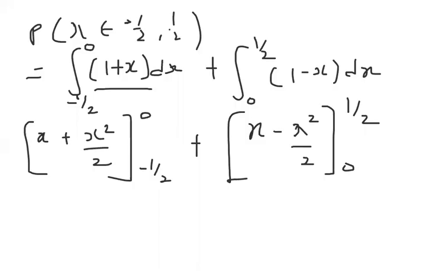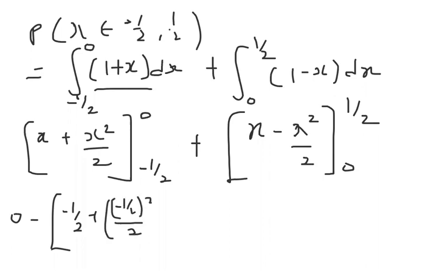So the first expression gives me 0 minus, because when I fix 0 everything is 0, minus (-half plus -half squared all over 2). That is for the first expression.